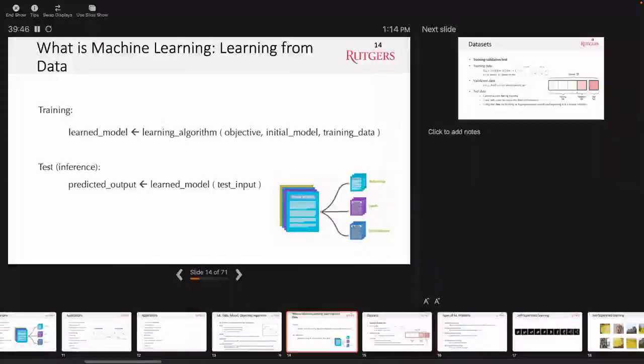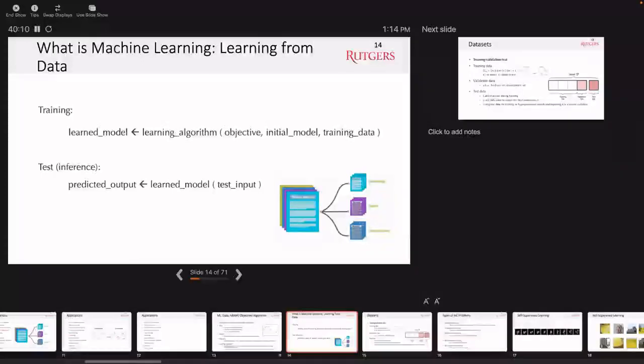A more concrete example is, let's say that you're given a lot of handwritten digits. For each handwritten digit image, you also have the label, and you use all these images as your training data to train a model, to train a classifier. After you train a classifier, you go to the test phase.